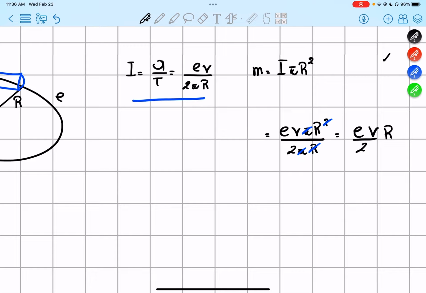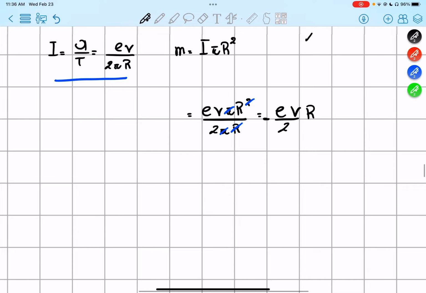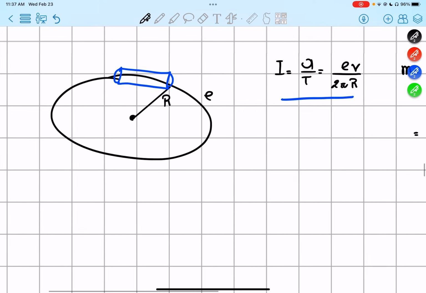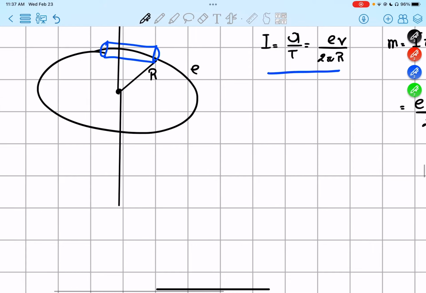Now, the book adds a negative because the electron has a negative charge, of course, and the magnetic dipole moment will be along the z direction. If we imagine that we have the z direction pointing up on our image, okay, sorry, actually pointing down because it's negative.